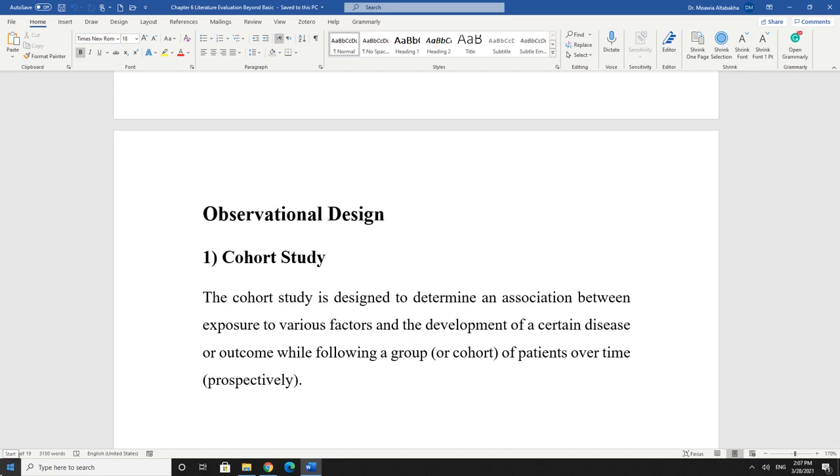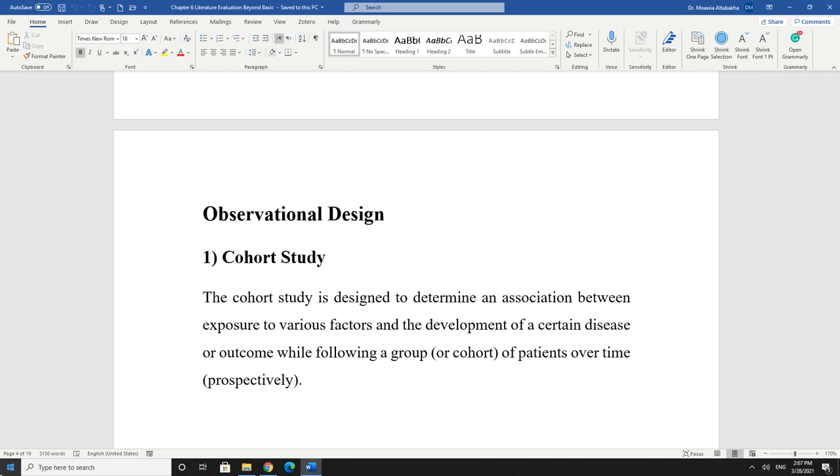You will take two groups, one control and the other one is the investigational group, the one who's preparing chemotherapy. And then I will start following them up, usually for several years.